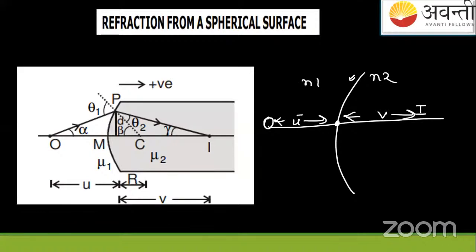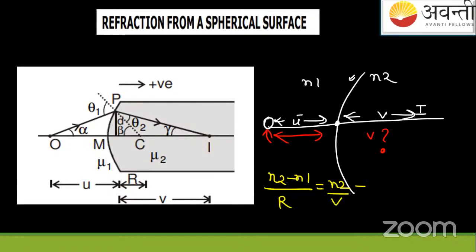Now, if the question gives you the object distance equal to U and asks you to find the image distance, you will say the image distance will be what? Image distance will be: N2 upon V minus N1 upon U equals N2 minus N1 upon radius of curvature.